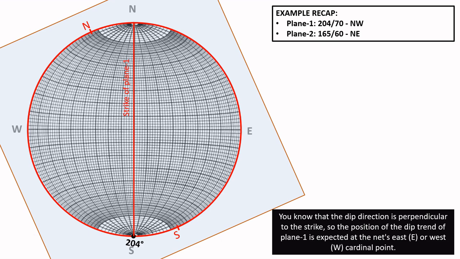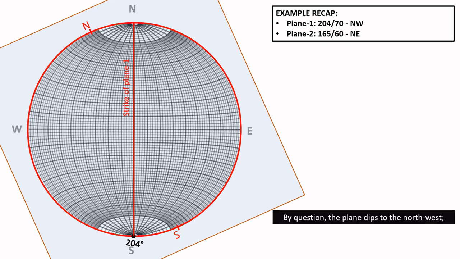You know that the dip direction is perpendicular to the strike. So, the position of the dip trend of plane 1 is expected at the net's east E or west W coordinate point.